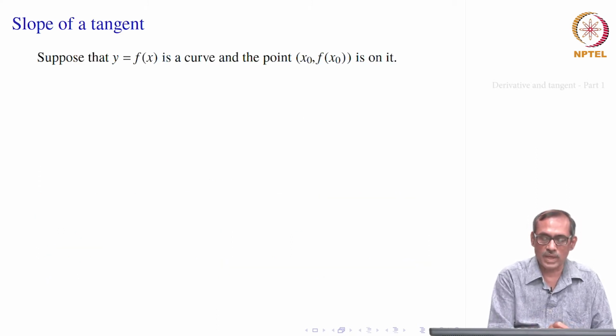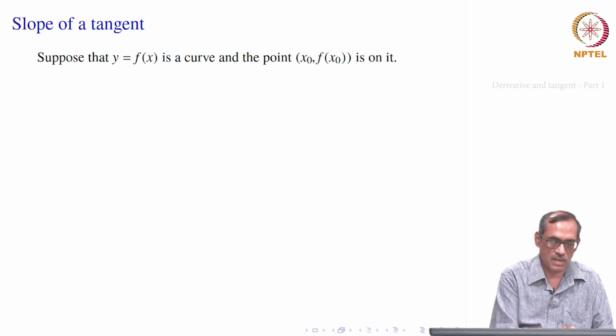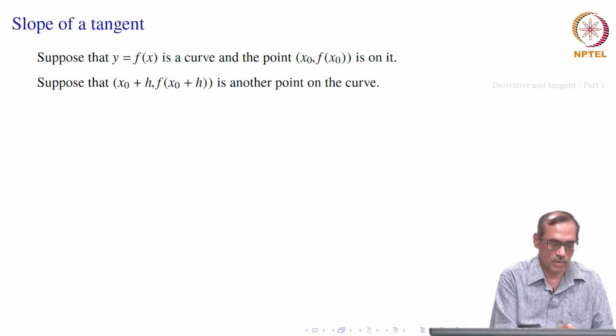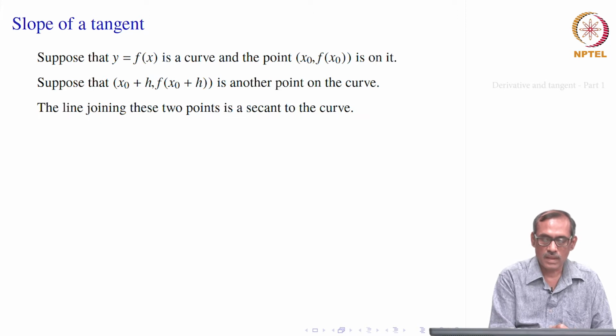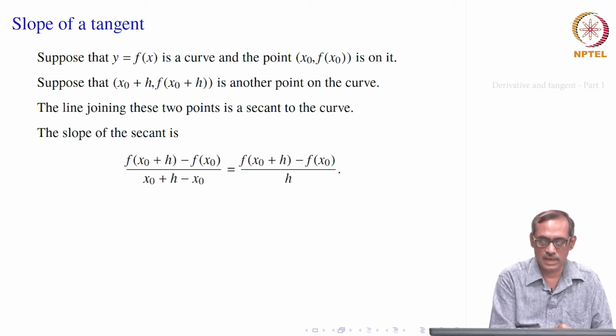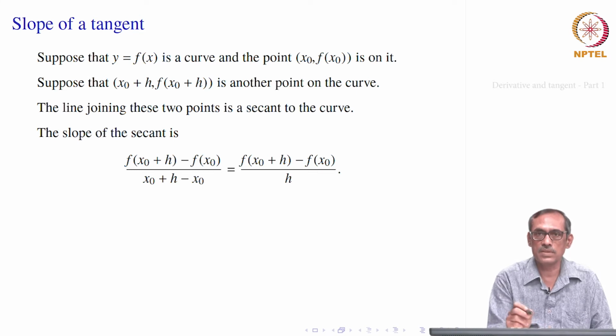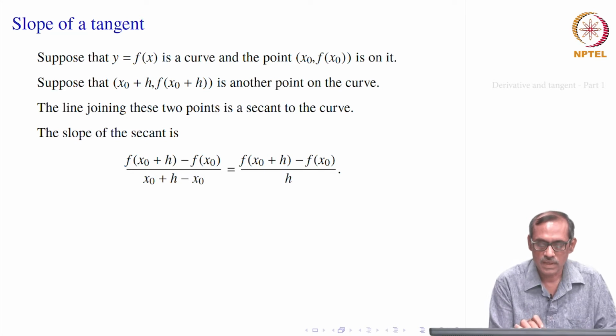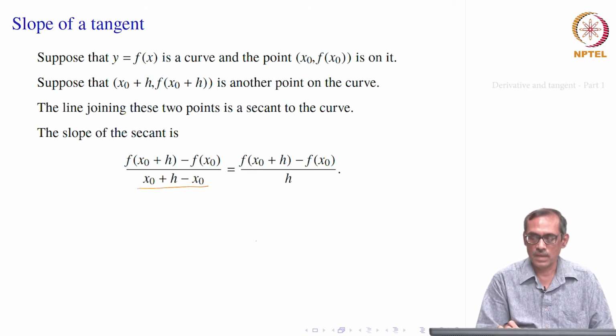Suppose y equal to f of x is the curve and we take 2 points P and Q, then you join these 2 points to get the secant. And what is the slope of the secant? It is y2 minus y1 by x2 minus x1, which for Q and P is f of x0 plus h minus f of x0 divided by x0 plus h minus x0, where the denominator simplifies to h.